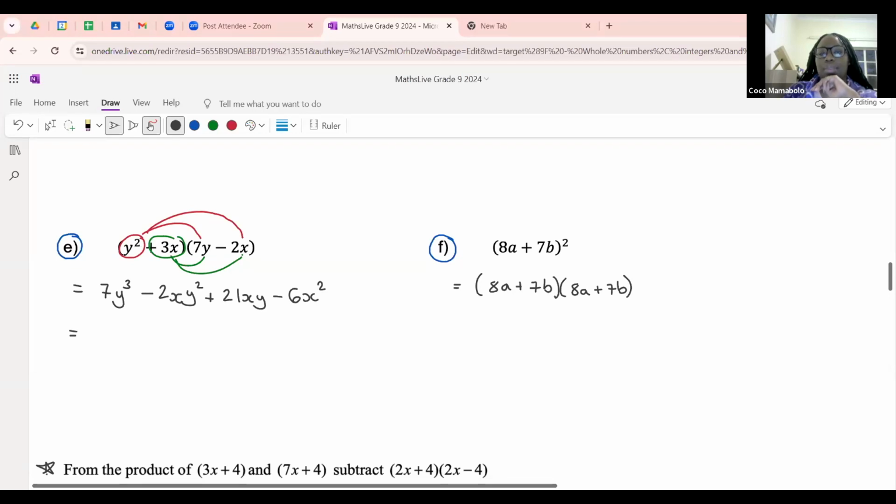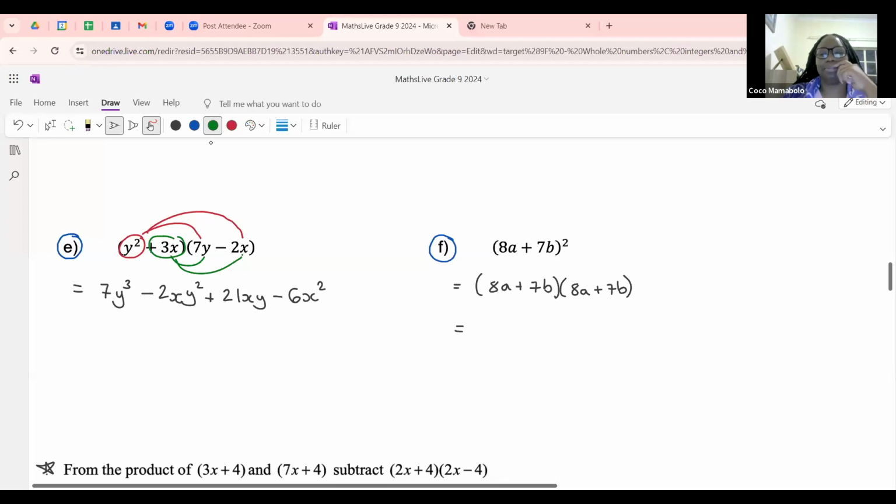Anybody got an idea? Okay, I'll be honest. The answer is nothing. I was checking to see if anybody can see that there are no like terms there. Do we see that? I was trying to trick you guys, and you passed. You passed. Okay, they are unlike terms. Everything over there is an unlike term.